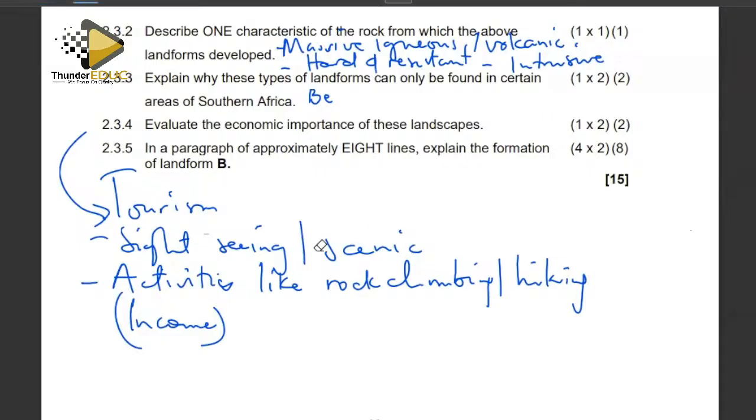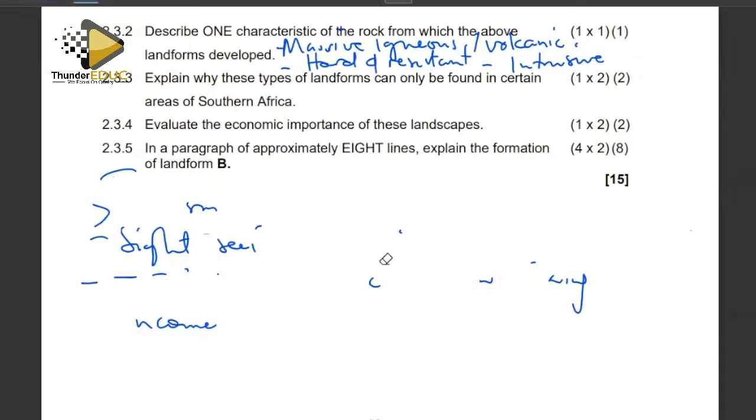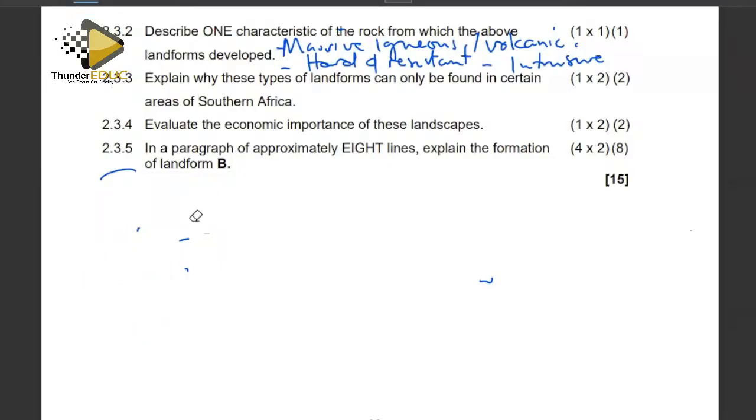Right, then the last question, it says, in a paragraph of mostly 8 lines, explain the formation of landform B. Explain the formation of granitic tuffs. How do they form? Right, I will try to simplify the formational process. Right, number one, what happens is for them to form, there is intrusive volcanicity.